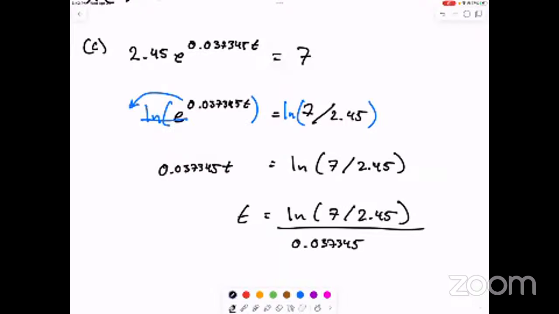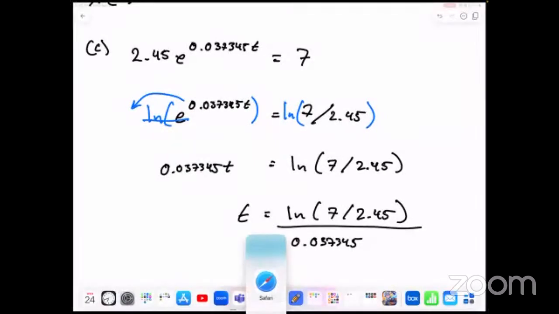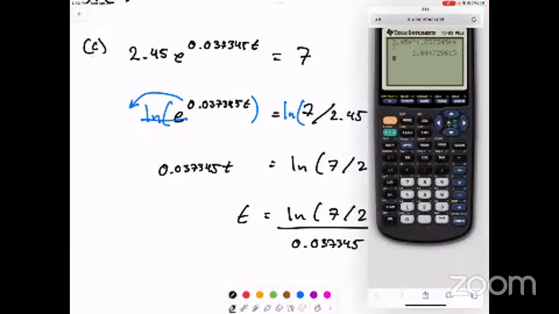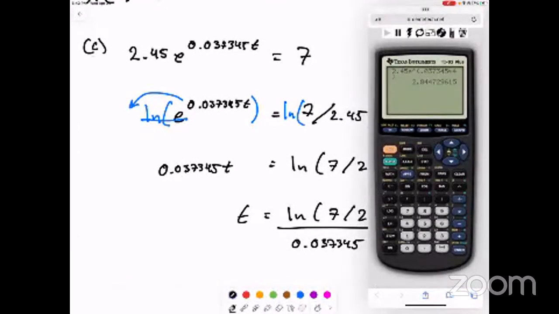Okay. So let's go like this. I want this. All right, showing signs of life. So let me see. ln is S, 7 mash 2.45.